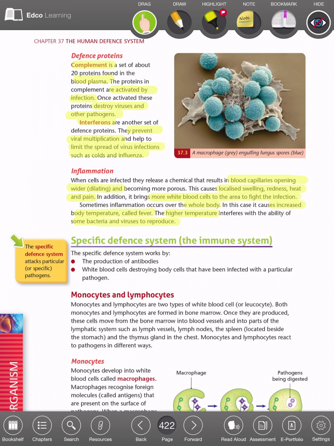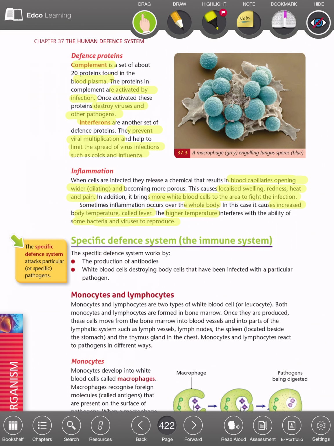That's why there's various types of advice going around at the minute. But that's only for people who are confirmed positive cases of COVID-19. You can see here how the body has its own mechanism of defense, but sometimes it's just not strong enough. That depends on people's own immunities and what they have been susceptible to in the past.